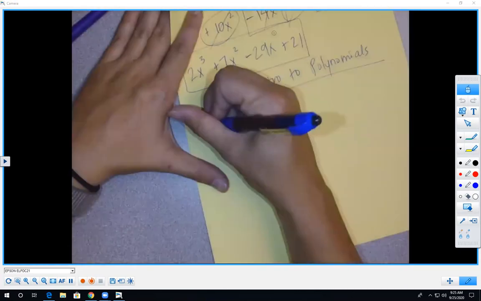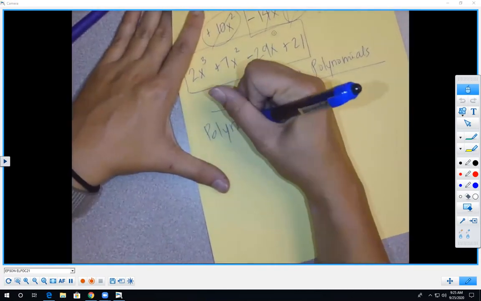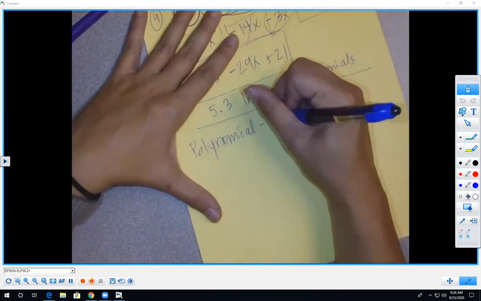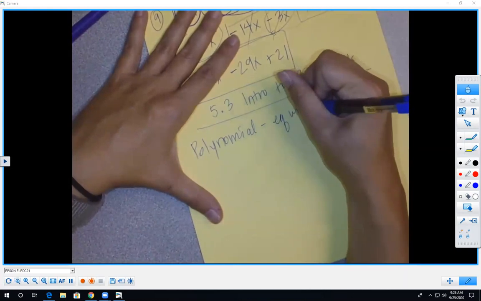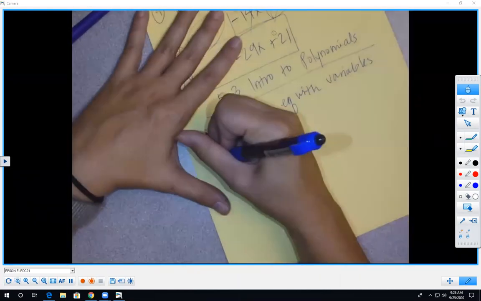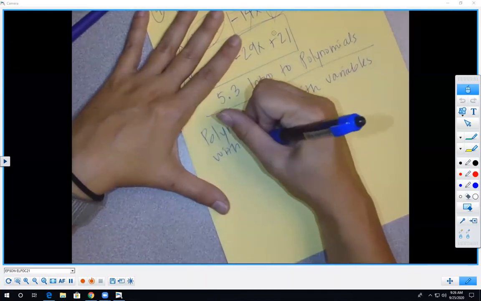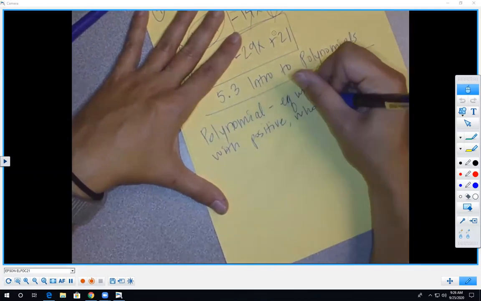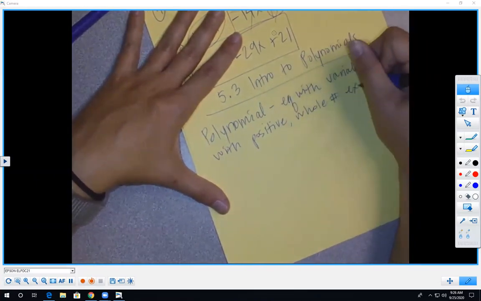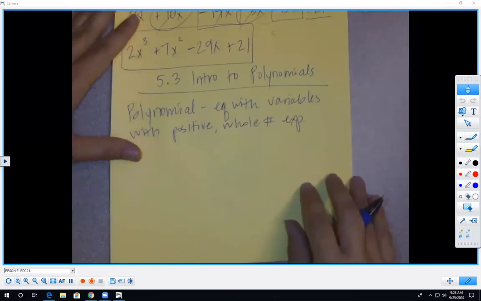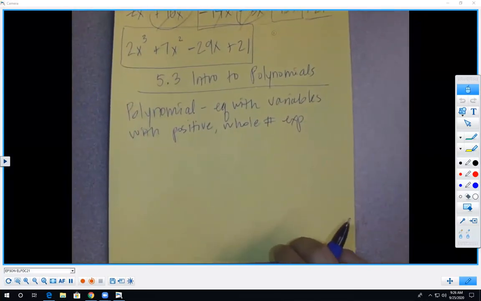Okay, so a polynomial is just an equation with variables with positive whole number exponents. So that's the first thing you're going to talk about, what a polynomial actually is. It's just an equation with positive whole number exponents.